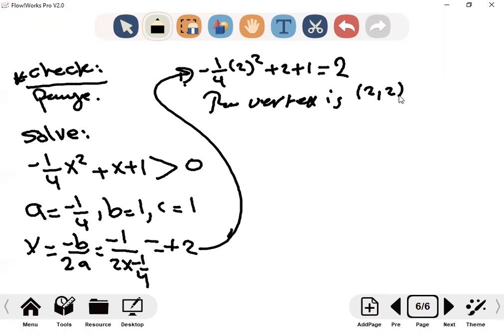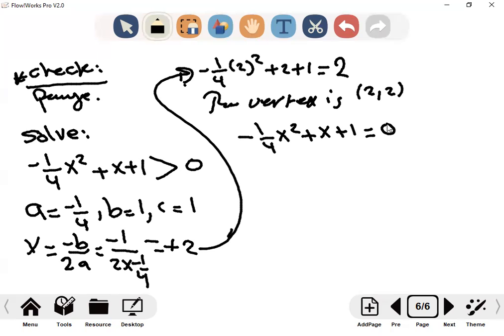Right. Now let's solve the equation to find the intercepts. Intercepts, they are very important here, right? Negative 1 over 4 x squared plus x plus 1 equal what? Equal 0. How do we solve this equation? Quadratic formula. Quadratic formula, delta.